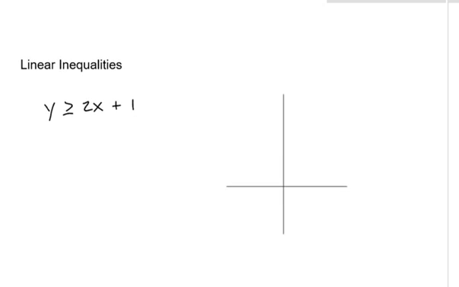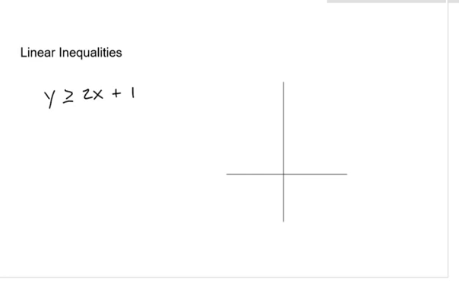Okay, so if we're faced with something like y is greater than or equal to 2x plus 1, I'm going to start by graphing y equals 2x plus 1. This is pretty straightforward.